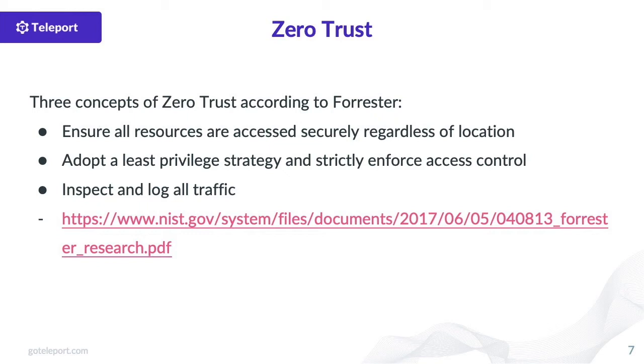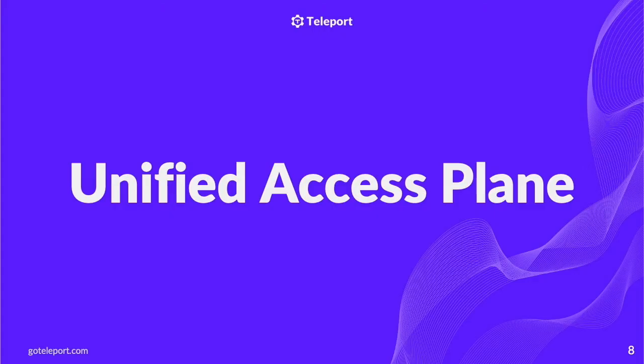So you can have every action a user takes within your Kubernetes cluster tied back to their specific identity as it is within your SSO. And additionally, have an entire screen capture of what they are doing when they exec into a particular pod. I'll now discuss using a unified access plane.